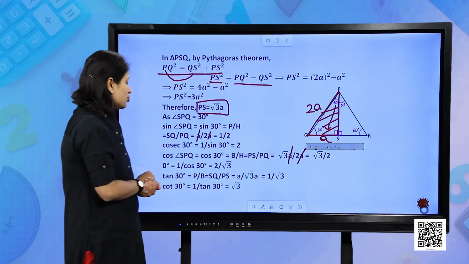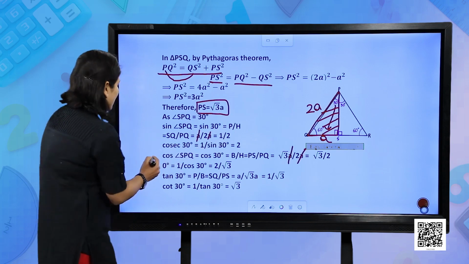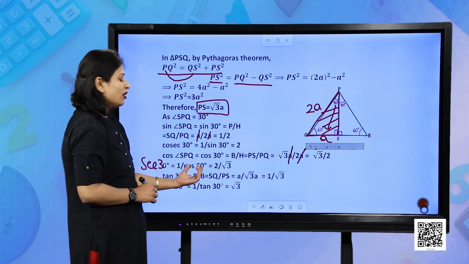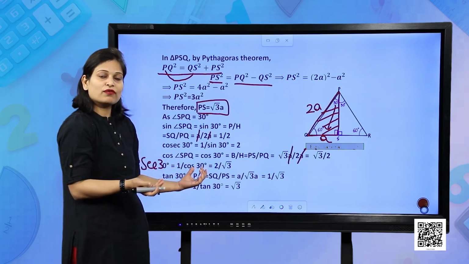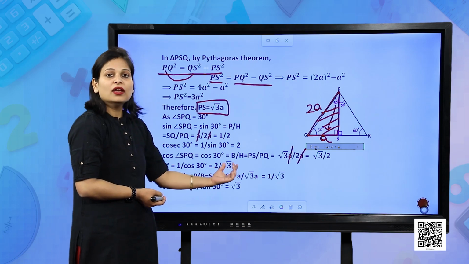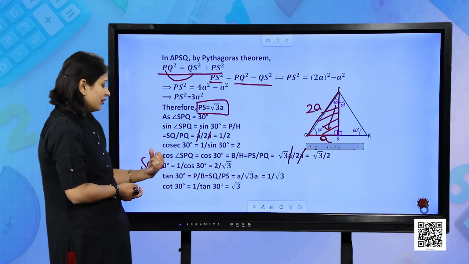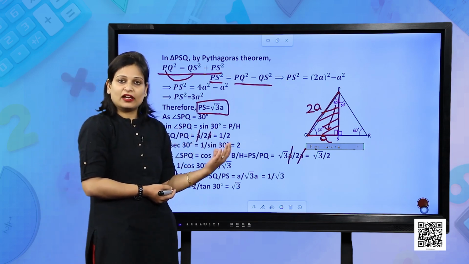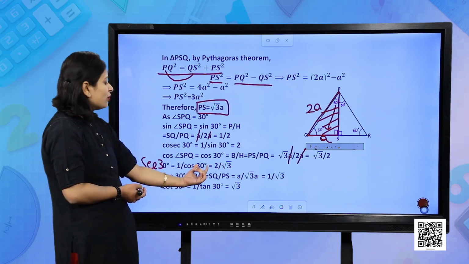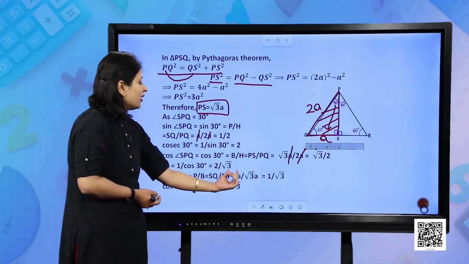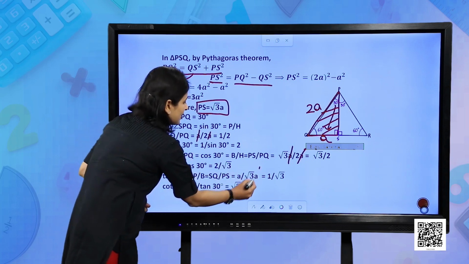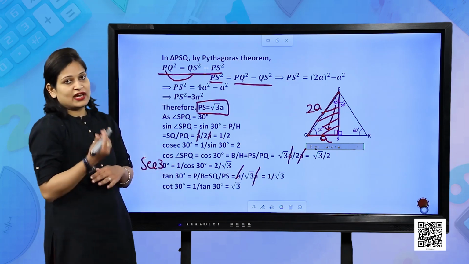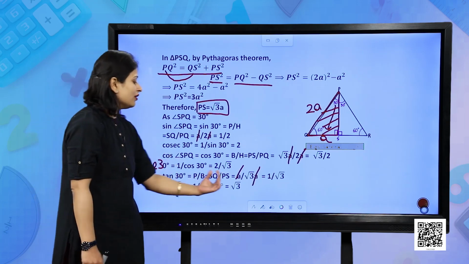Root 3 by 2. And secant of 30 degrees, what will you get? 1 upon cos 30, just the reciprocal of cos function. You will get 2 by root 3. Now, what about tan 30? According to the definition of tan function, perpendicular upon base. Simply substitute SQ upon PS, A upon root 3A, cancel out A, you will get 1 by root 3, and cot function is just the reciprocal of tan function. So, you will get root 3.